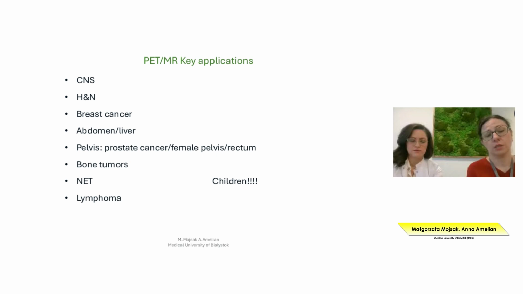So these are the diseases, the lesions that should be scanned with PET-MR apparatus, especially children. Children are young patients and we need to apply low doses.